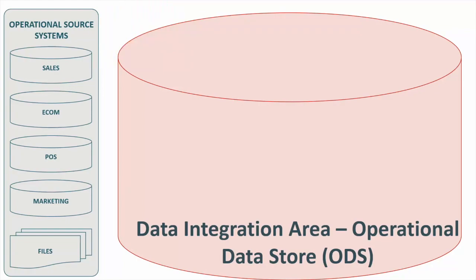Then the second one is e-commerce. Typically, the e-commerce system is built around a relational database, in table format. The orders are kept in that format. And if you look at the point of sale, the data coming from the point of sale system is in XML format, and the marketing data is coming in a NoSQL format.